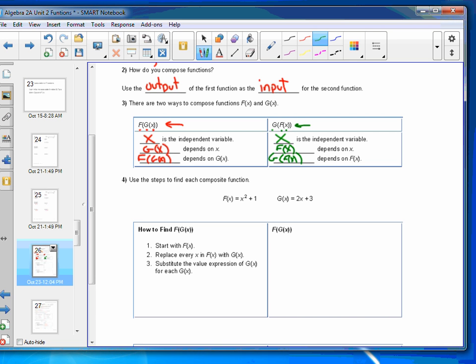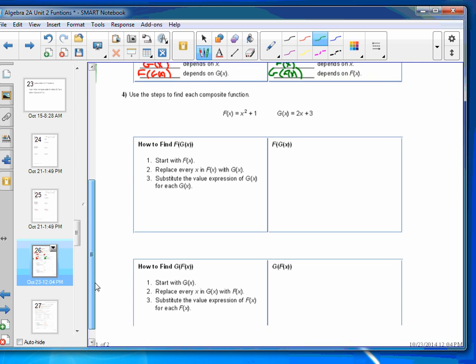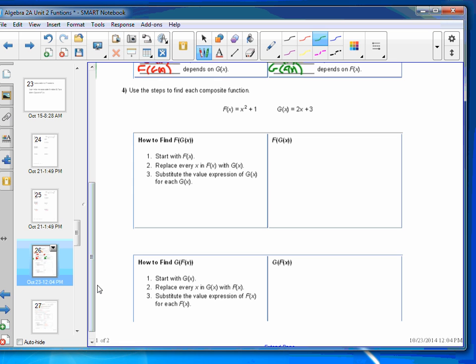All right, so now we're going to use the steps to compose, to find each composite function. So if we want g of f of x, we start with f of x. Here's f of x. Okay, well, I'm sorry, we want f of g of x. So we're going to start with f of x.